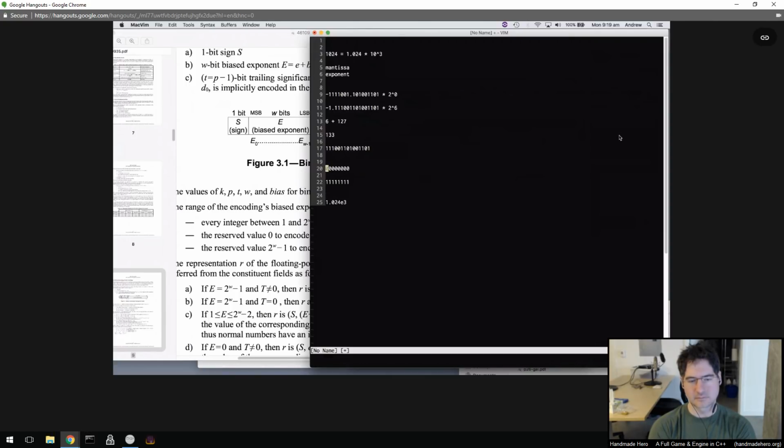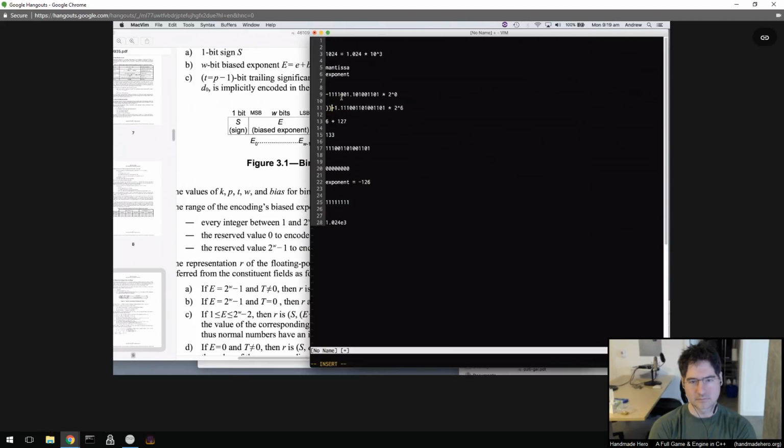And what that means to the floating point implementation is that the exponent is set to minus 126, and the significand field is interpreted as a mantissa without a leading 1, so with a leading 0.